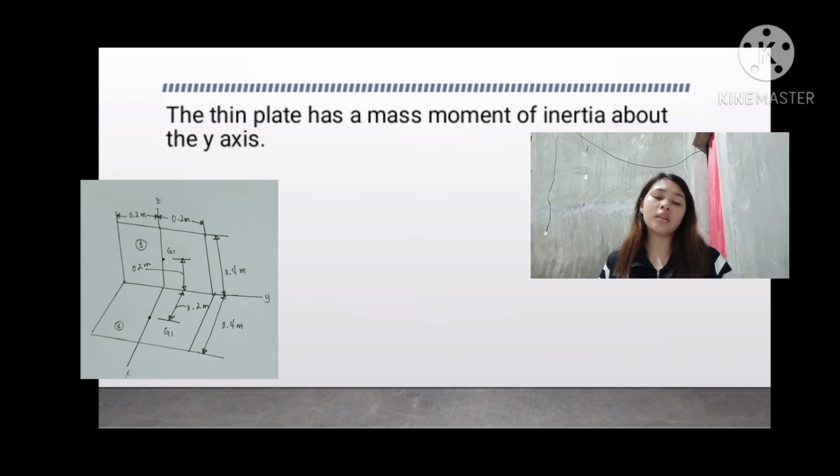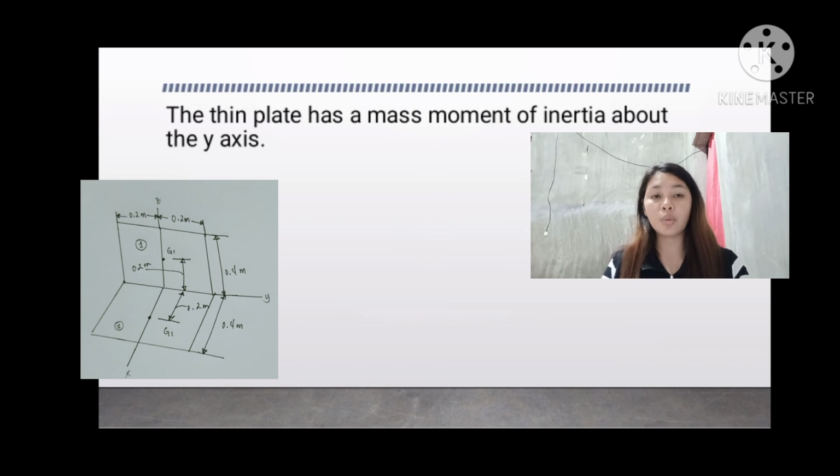So the masses of segments 1 and 2 are as follows. The mass of segment 1 is equal to 0.4 meters times 0.4 meters times 10, which is equal to 1.6 kilograms. We get this value since we have a side of 0.4 by 0.4 meters times our mass per area, which is 10 kilograms.